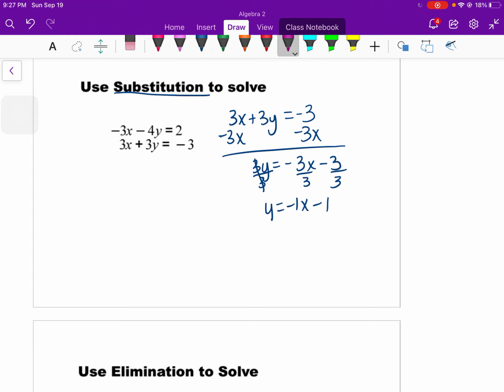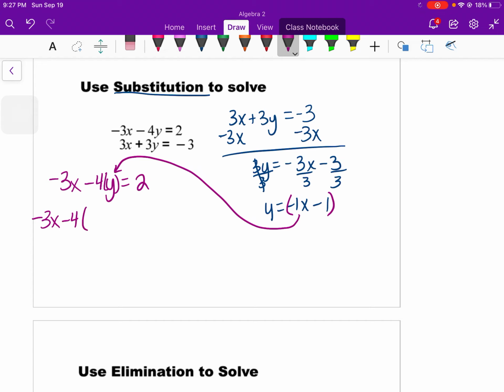Now I can take this negative 1x minus 1 and my other equation, which was negative 3x minus 4y equals 2, and substitute this value in for y. So negative 3x minus 4 times y, where y is negative 1x minus 1, equals 2.